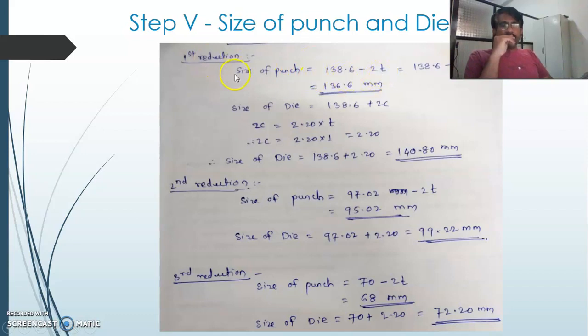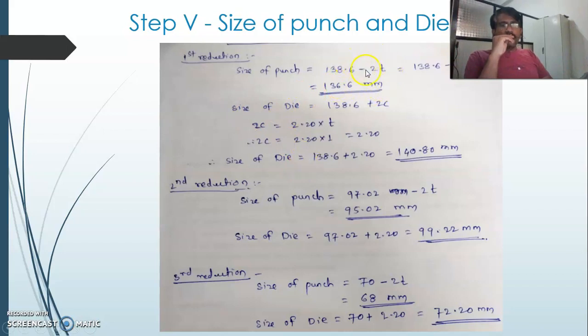So in the first reduction the cup size which we got is 138.6. After reducing the blank of 198 we are reducing it to 138.6. So the punch size in this case is 138.6 minus 2t, that is the clearance provided on the punch. So this value becomes 136.6 mm.